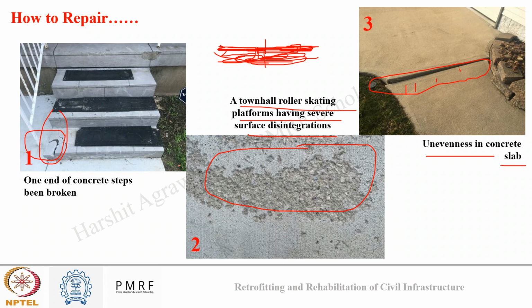If the damage is across a large area of the surface, you can use a simple shotcreting method to cover the surface with a thin layer of concrete again, which can cover the surface uniformly everywhere. Okay, yes sir. Now we will see ahead.